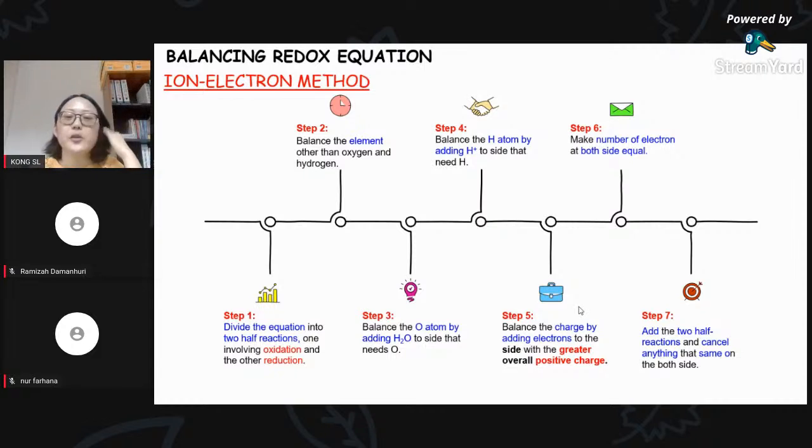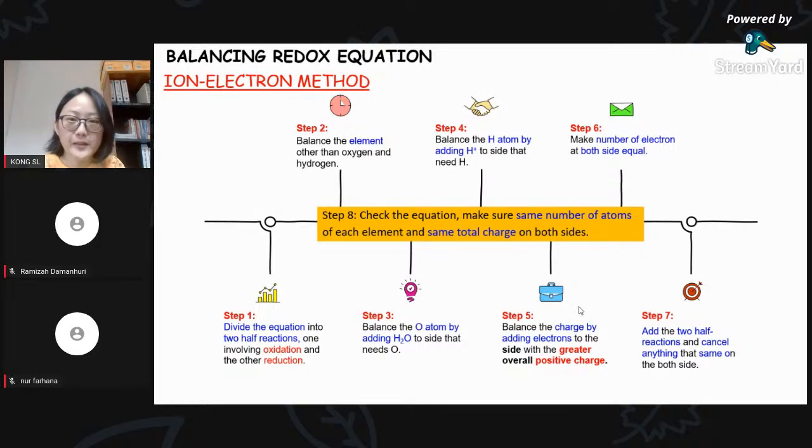So you must remember these steps in order to help you balance the redox equation using the ion electron method. If you forget the steps or mix them up, sorry, there is a tendency to get the question wrong. And then the last one, step 8, don't forget, very important.